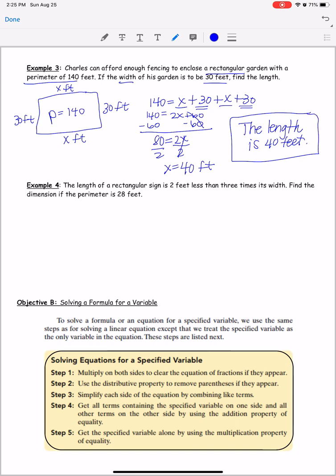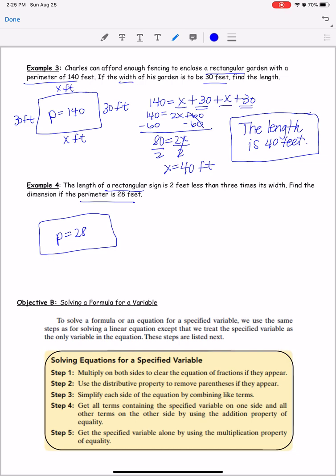Okay, example 4. The length of a rectangular sign is 2 feet less than 3 times its width. Find the dimensions if the perimeter is 28 feet. So again, picture. We have another rectangular sign, and my perimeter is 28 feet.